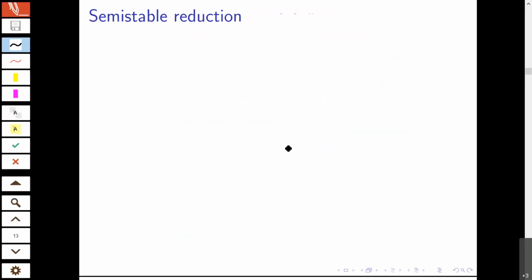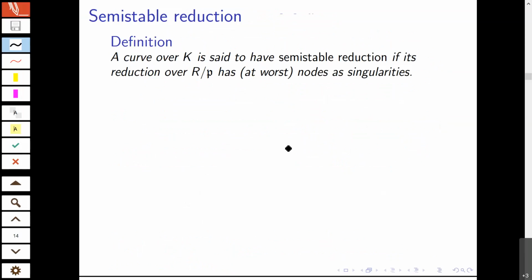All right. So let's make rigorous what we mean for reduction to not be so bad. Bad, but not too bad. So semi-stable reduction of the curve over a local field means that its reduction over the residue field either is smooth, which means good reduction, or at worst it has a few singularities, but they're all nodes.